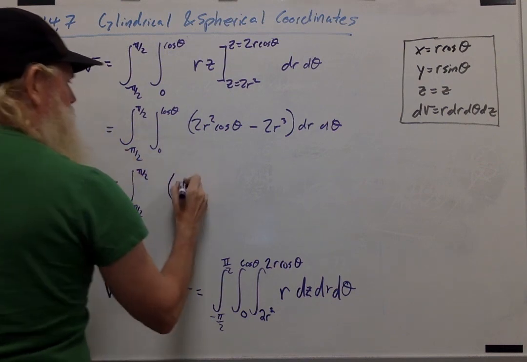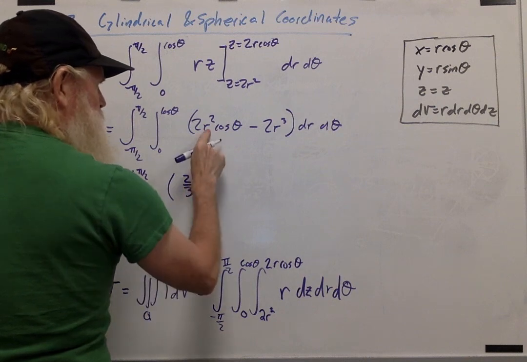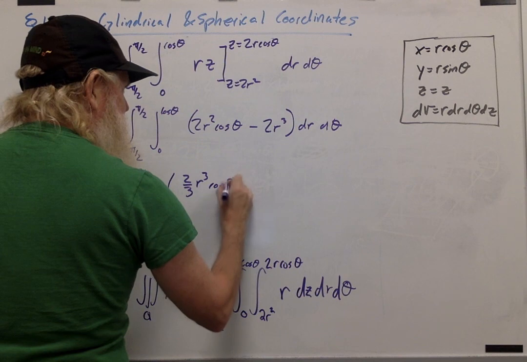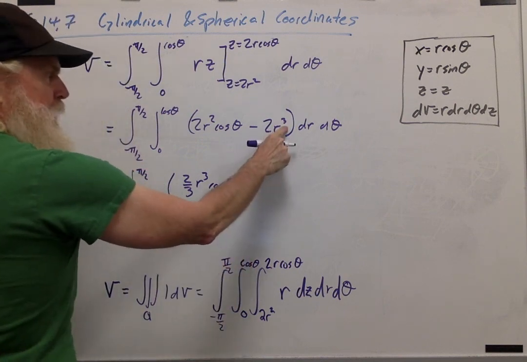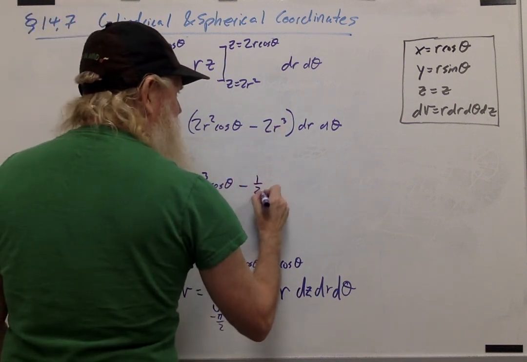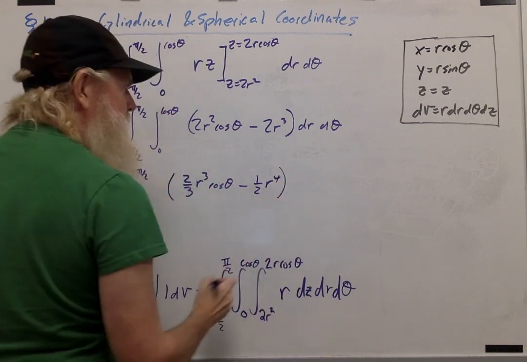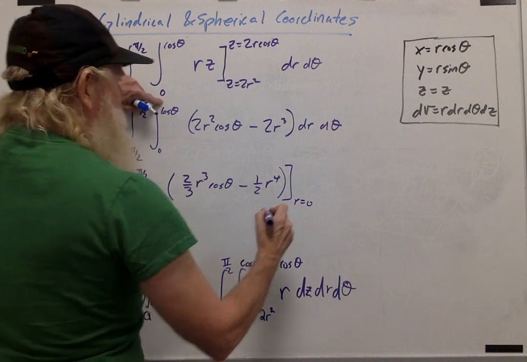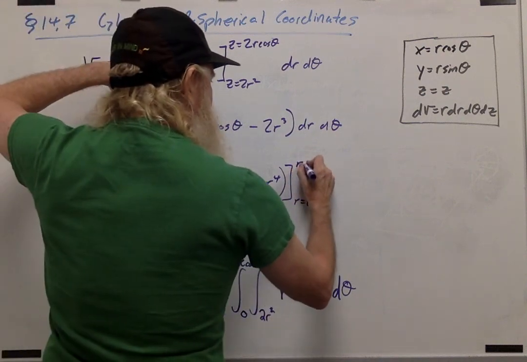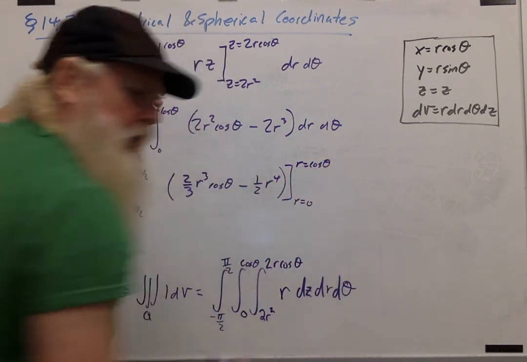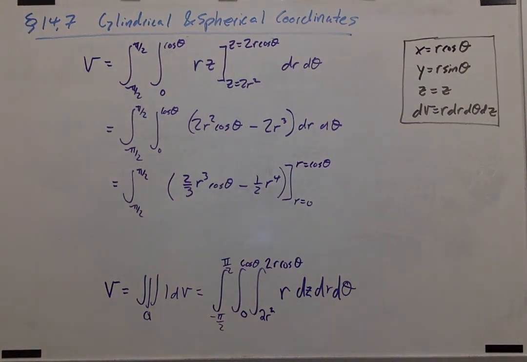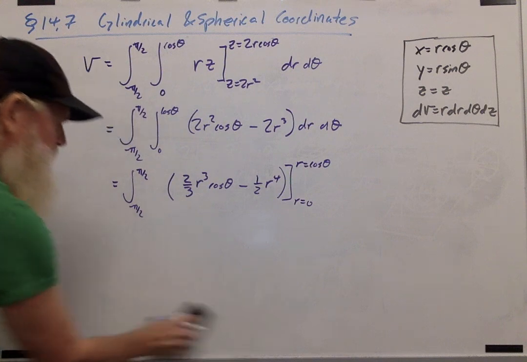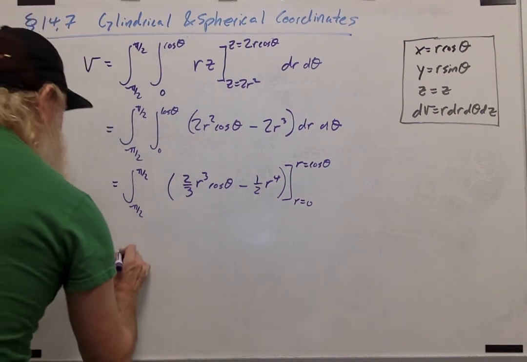The integral of 2r squared cosine theta is 2/3 r cubed cosine theta, minus the integral of 2r cubed, which is 2/4, or 1/2, r to the 4th. And that's going to go from r equals 0 to r equals cosine theta. We'll plug in the endpoints and subtract.